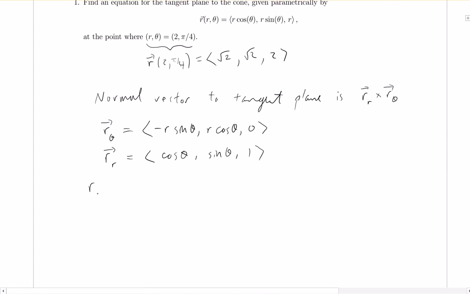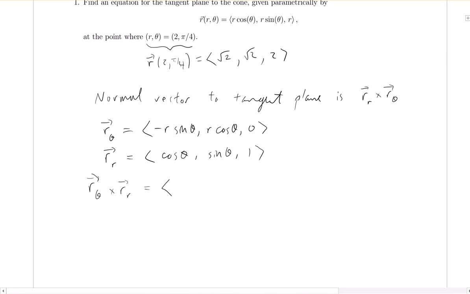And the cross product, which I'm doing in the other order, but it doesn't matter. If you have a normal vector, then any scalar multiple of it is also a normal vector, so the direction doesn't really matter.